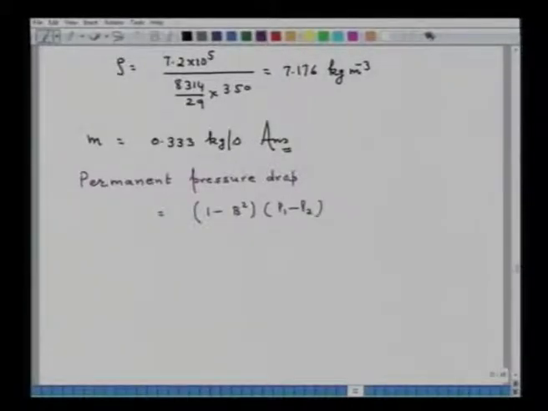So, we already know the values, and if I substitute, I will be getting the permanent pressure drop as 0.43 into 10 to the power 5 Newton per meter square. So, that is what is typical of the orifice meter, which shows a substantial amount of loss of pressure when any fluid, air or water, flows through an orifice.